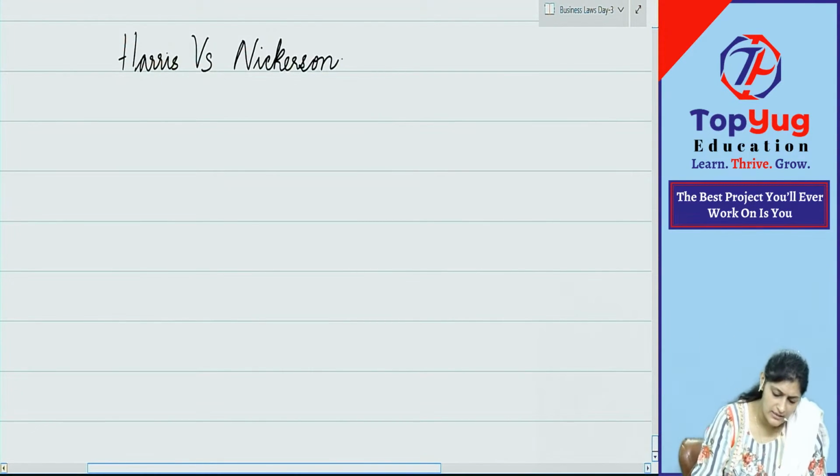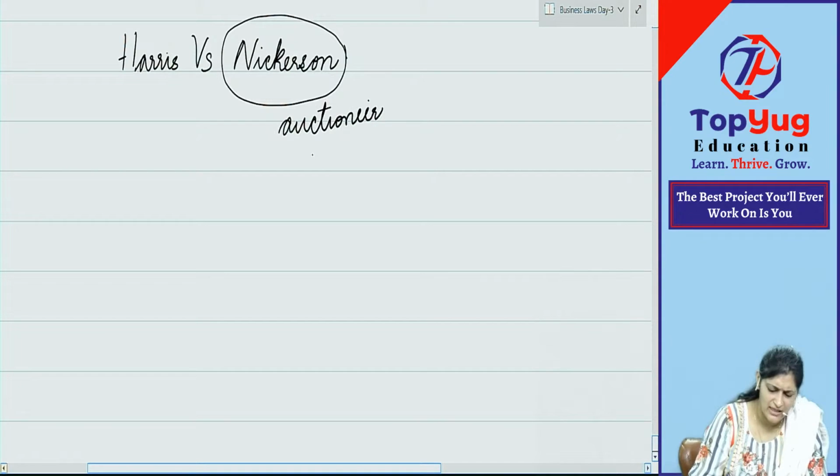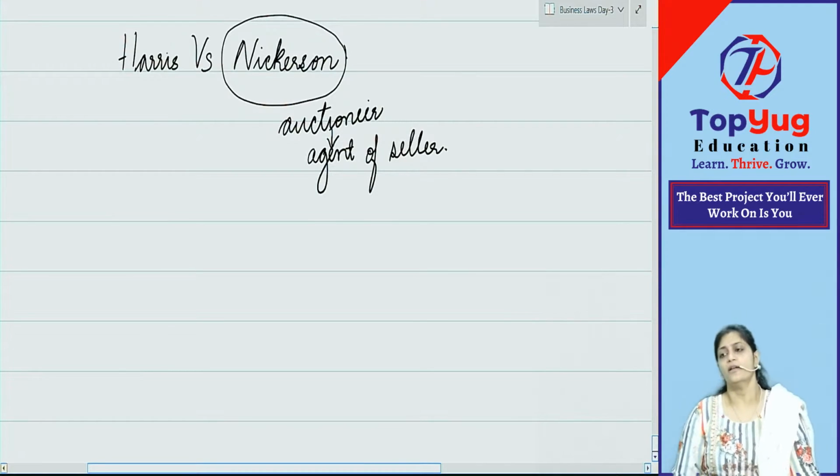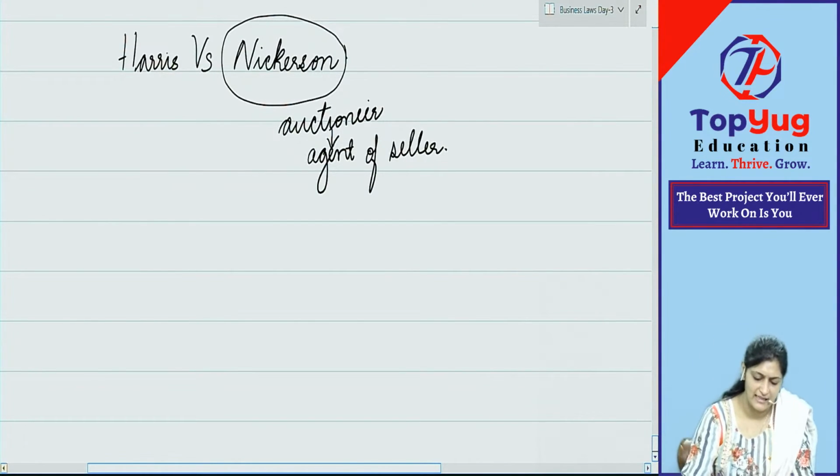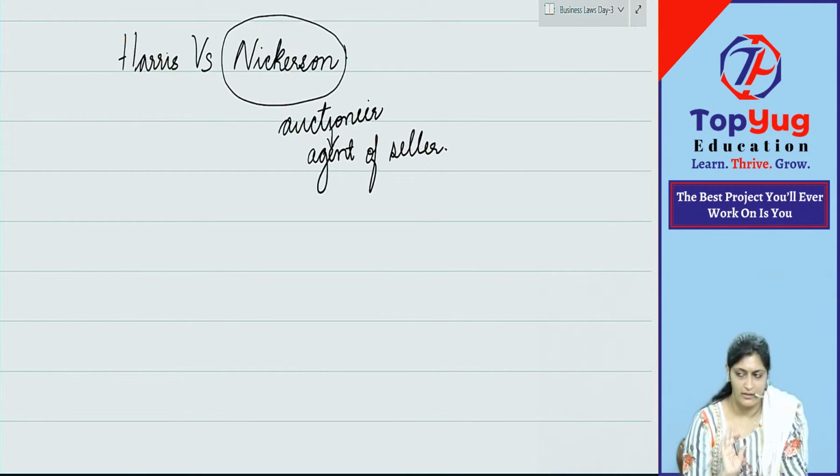What happened? This Nickerson is the auctioneer. Auctioneer is the person who is just an agent of the seller. Who is the auctioneer? Agent of the seller. He is not the seller. Sometimes he can also be the seller. Auctioneer and seller can be one and the same also. Rare cases, but generally he is just an agent.